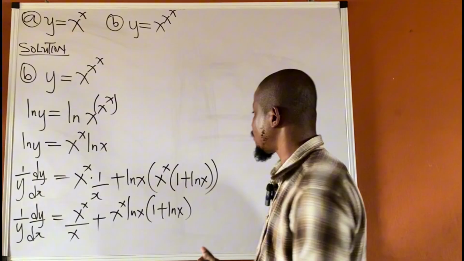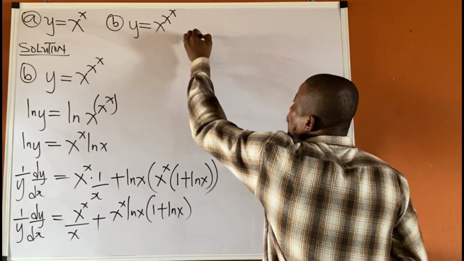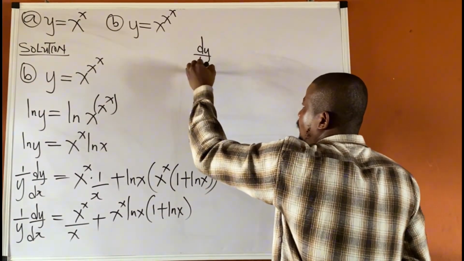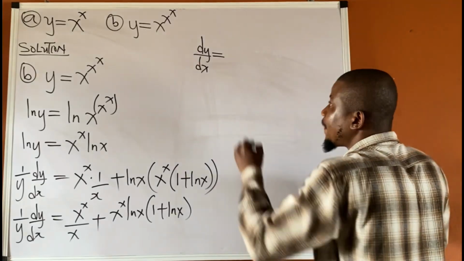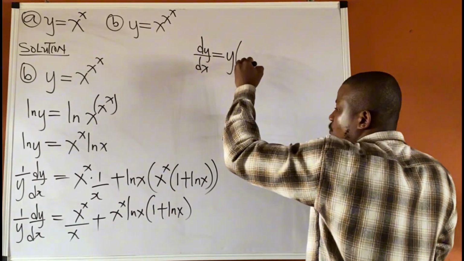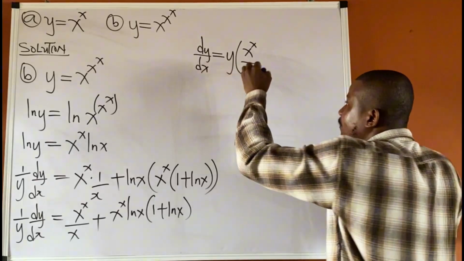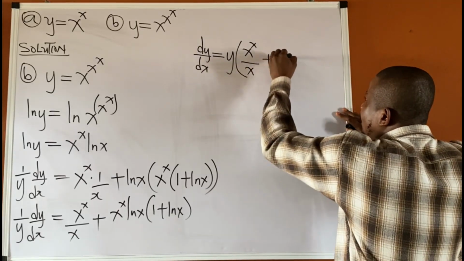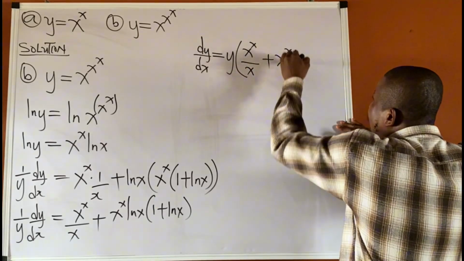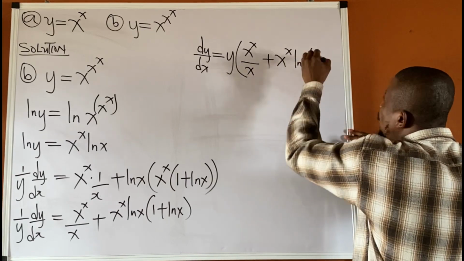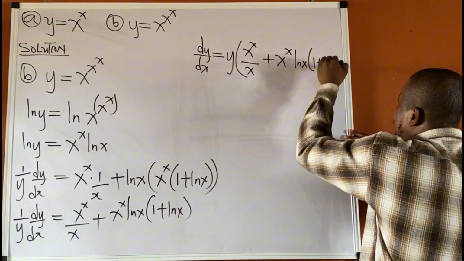So from this step, we can now try to make dy dx subject by multiplying through by y. So we will have dy dx equal to y into x to the power of x over x plus x to the power of x ln x into 1 plus ln x.